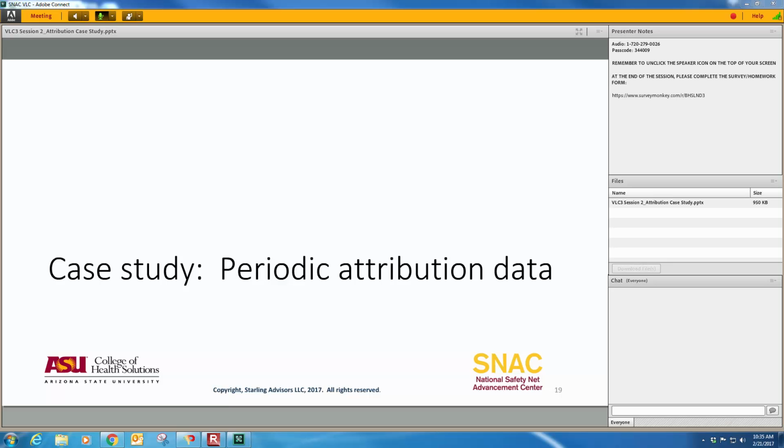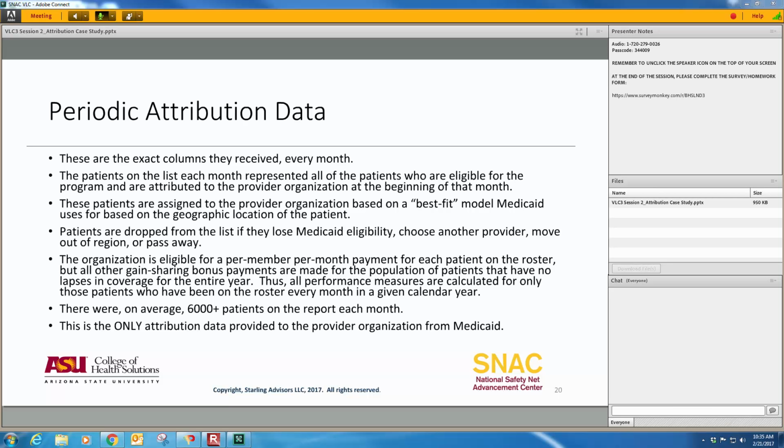Let's move ahead. The next data set is periodic attribution data. This is precisely the data that this organization receives, and they receive it every single month. In this model, they are a non-managed care state, or were at the time of this value-based program.